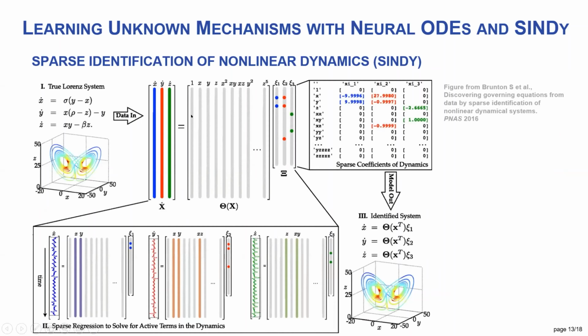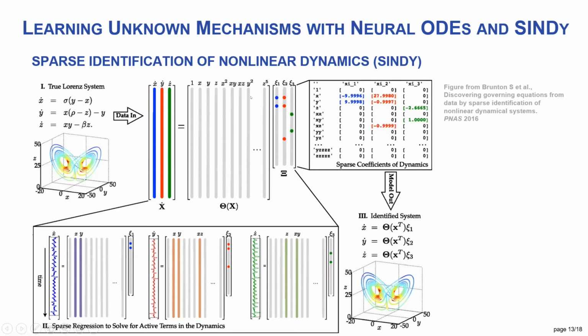And what you can do is you can say, let's focus just, for instance, on the state X in blue. What you can do is that you can say, okay, time derivative of X is a matrix of candidate functions times a vector of coefficients that tells how active different candidate functions are.